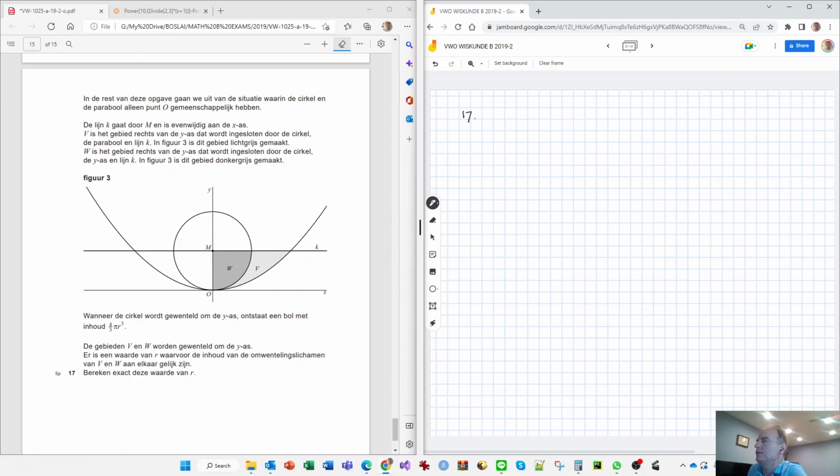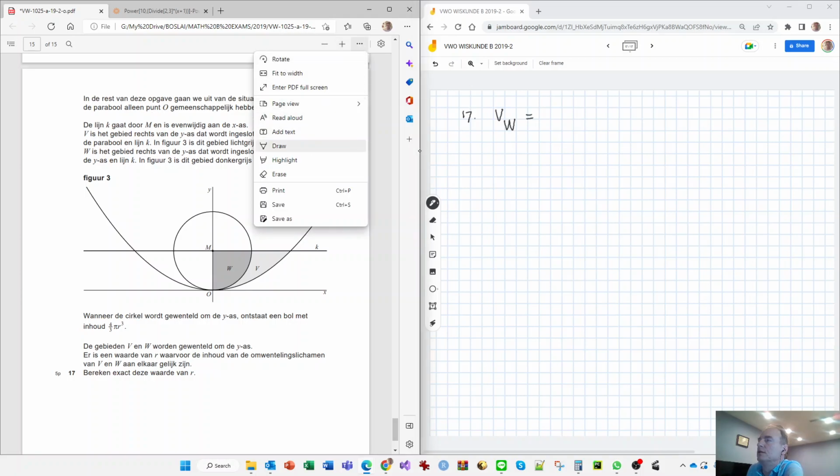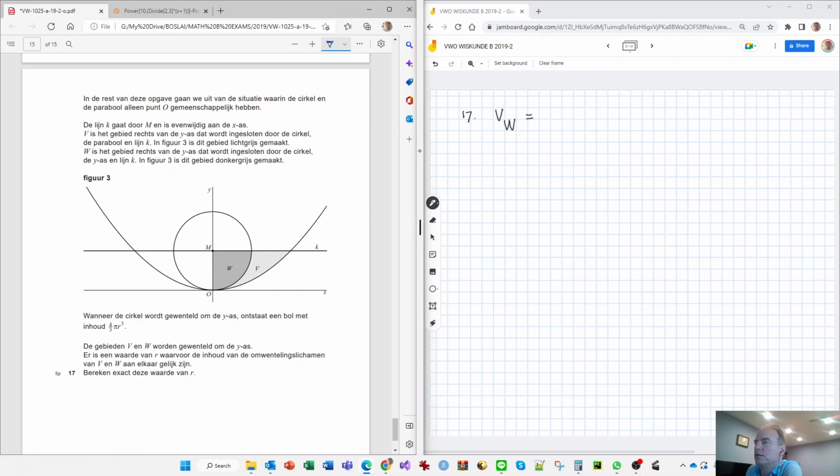Okay, well, let's first find the volume of rotating W, and that's, I guess, the reason why they tell us about the volume of a sphere, because this will form half a sphere of radius r. As a matter of fact, this line here is the line y equals r.